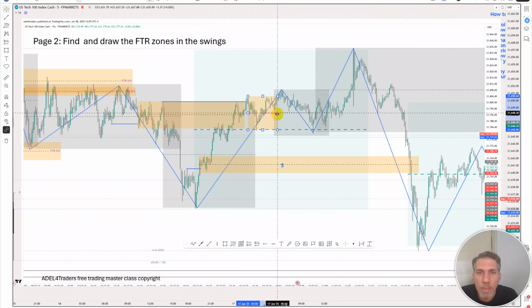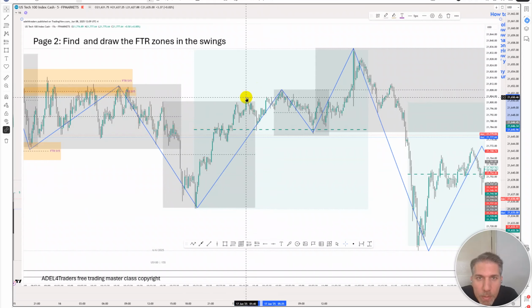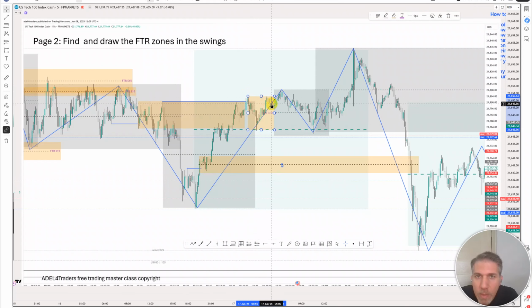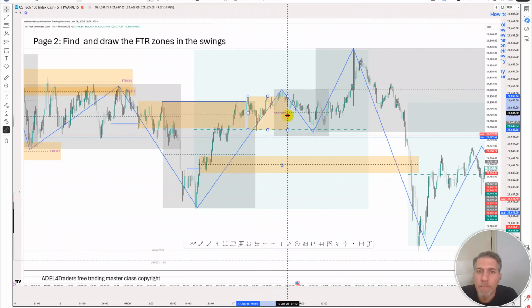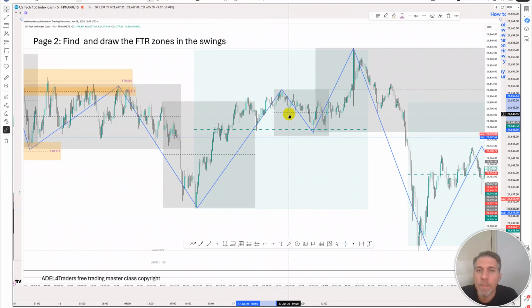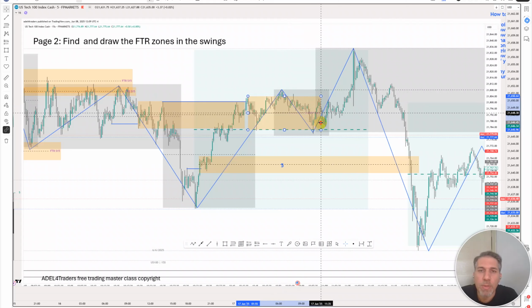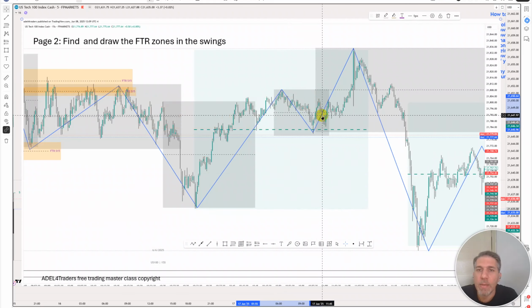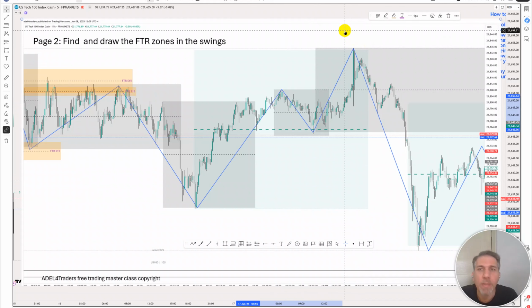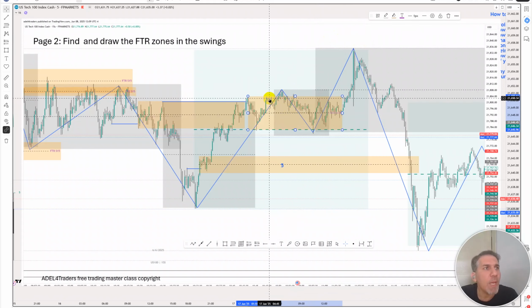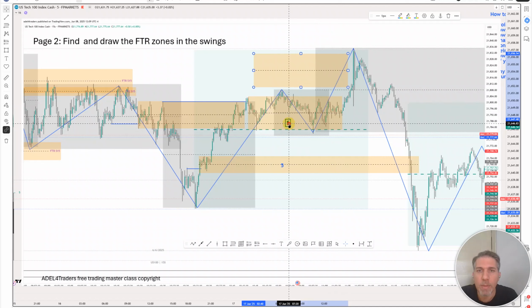Now, right here, even this one, it was validated. Even if you consider this one, it is okay. Now here it is validated. Now we have the return to the zone, and we have the reaction, and later we have this movement up, right? Now, this was our sixth example.